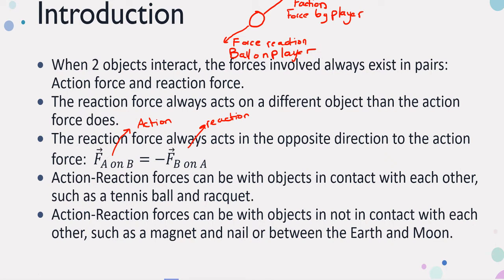Even when we're thinking about the Earth and the Moon, or between gravity and such, you can have something falling. This is your F action. And then you have your F reaction, and this is the ground.